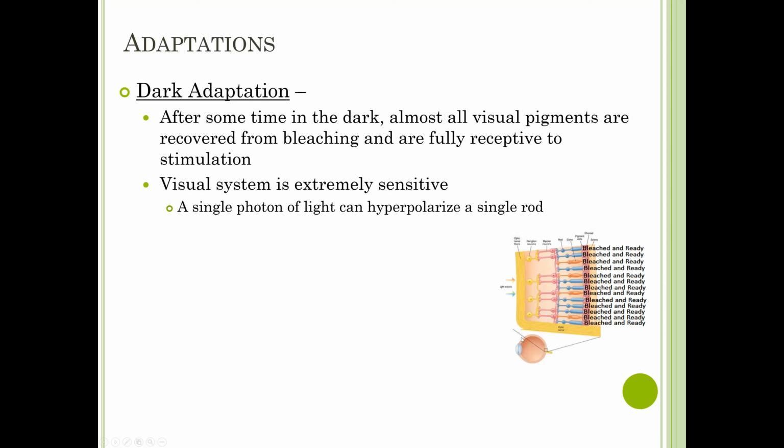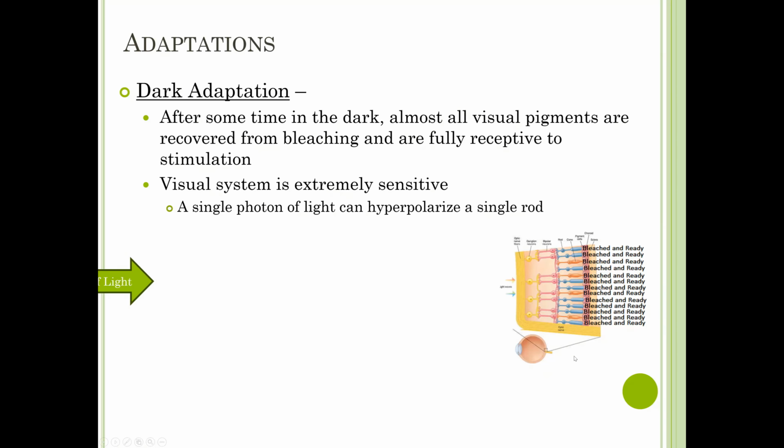So you can imagine if you were to look at a little cross section of the retina, and these are all of your rods and cones back here. After you've been in the dark, when you're dark adapted, almost all of your photoreceptors have already undergone the bleaching process, so they're all bleached. They all have 11-cis retinol, and they're all ready to receive a new photon of light.